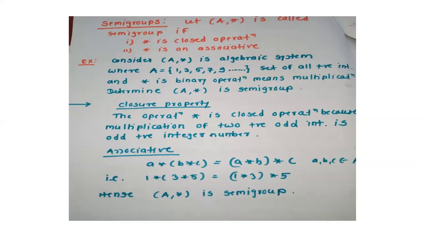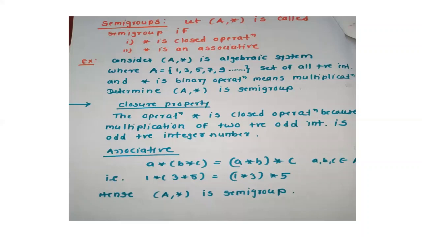For the closure property, we know star is multiplication, and it is a closed operation because of the multiplication of any two positive odd integers. As per the mathematical rule, whenever we multiply two positive odd integers, the result is always a positive odd integer.